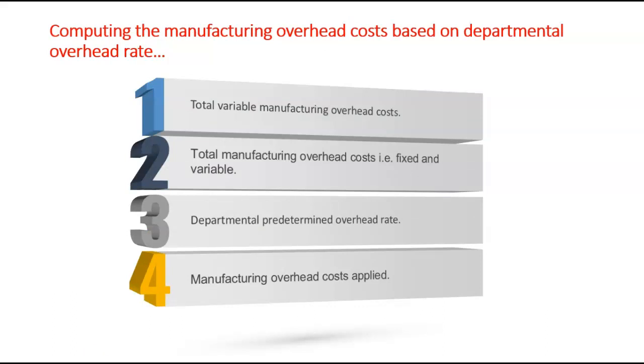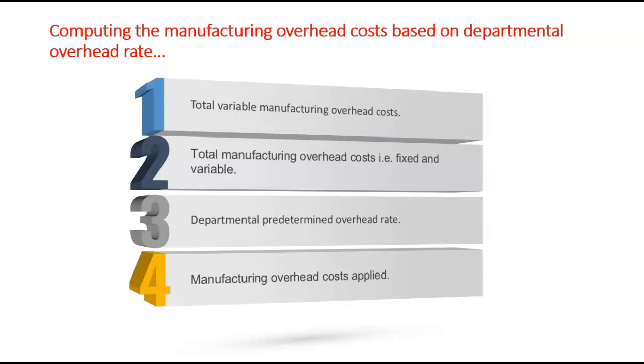Here are the steps to compute the departmental overhead rate. Step 1. Identify the department budgeted total variable manufacturing overhead cost. Step 2. Get the budgeted total manufacturing overhead cost, which comprises fixed and variable manufacturing overhead cost. Step 3.